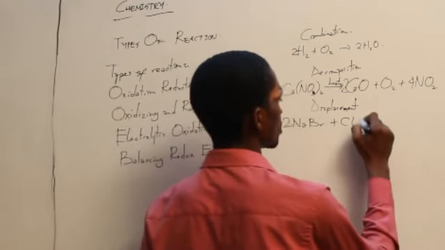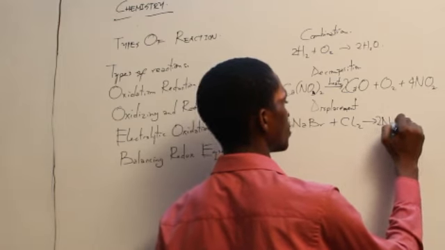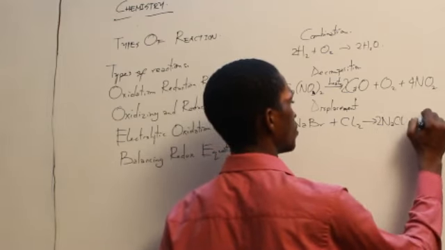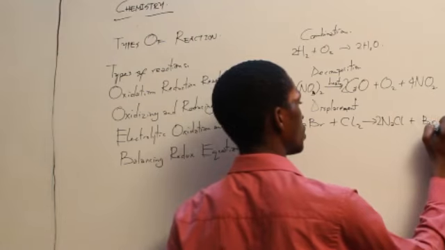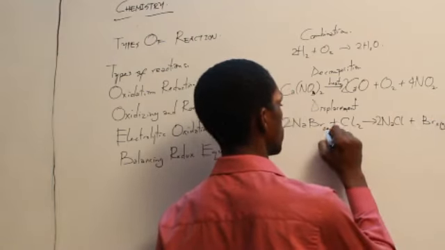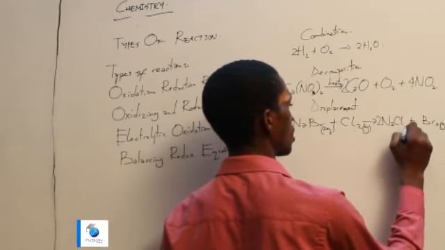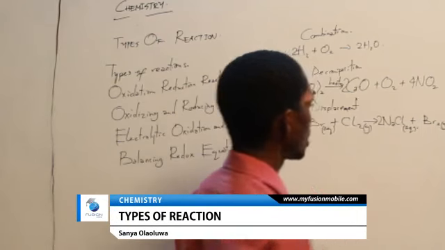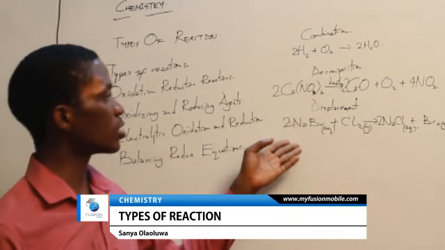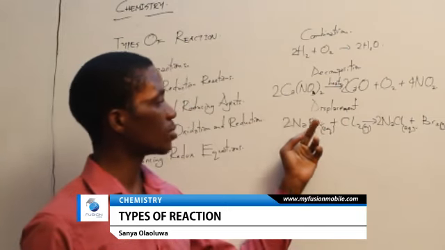Sodium bromide reacting with chlorine, it will give you sodium chloride, and bromine would be available. This is aqueous, this is gas, this is aqueous. So that's how it works. You see, the chlorine replaces bromine.